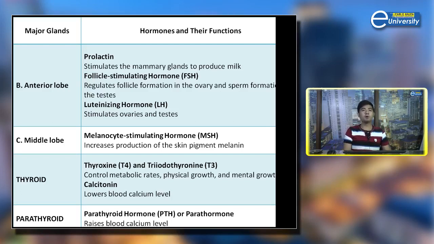Parathyroid hormone or PTH is responsible for raising blood calcium level. So that is the opposite of calcitonin. If calcitonin lowers the blood calcium level, parathyroid hormone raises the blood calcium level.